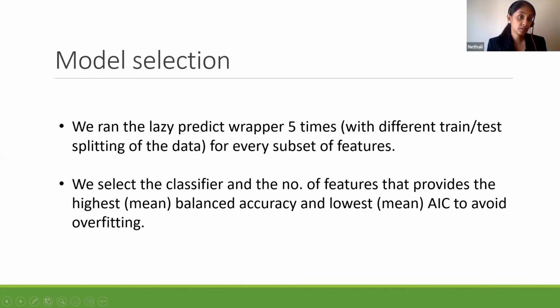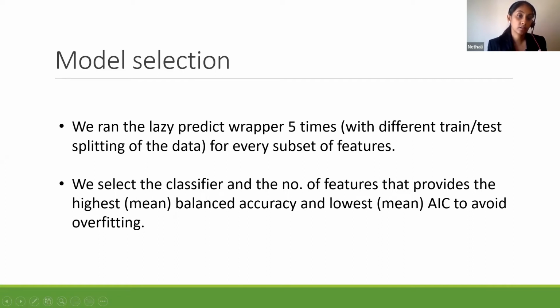So once we sort out the features, then we have to find a good model that does the classifying problem the best. So what we do here is take subsets of features now that we have them sorted. We start off first with one feature, two features, three features, like so, starting with the best ones. We take all of these subsets, and then we run the lazy predict wrapper 5 times. Why we have to run this 5 times is because every time we run lazy predict, it has one train and test set.